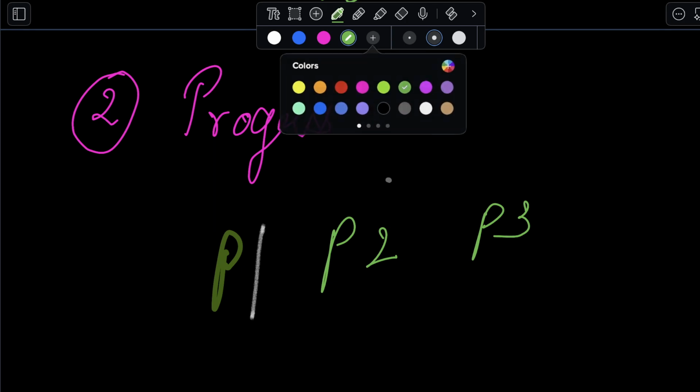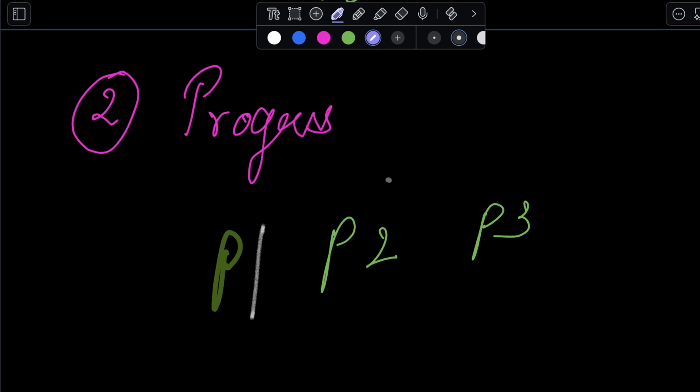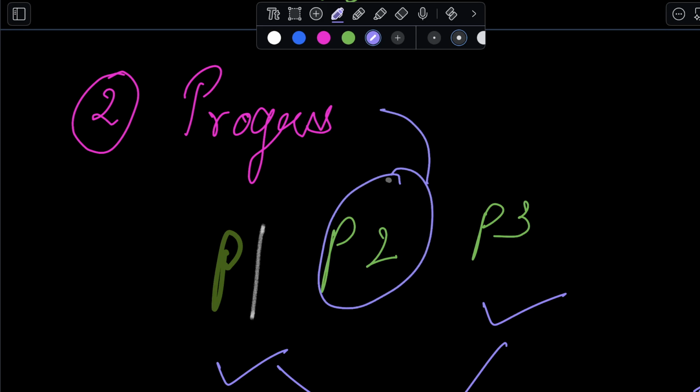Out of these processes, only P1 and P3 want to access the shared resource. Then P2 should not raise its hand, that is, should not compete for the resource. Because the competition should occur only between P1 and P3, the processes that want to access the shared resource, right?